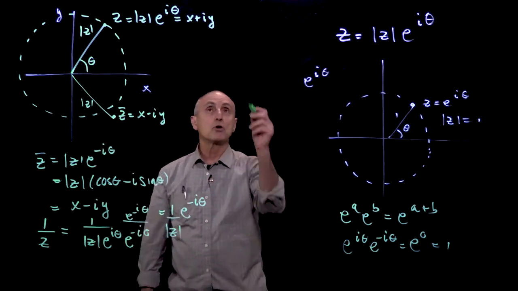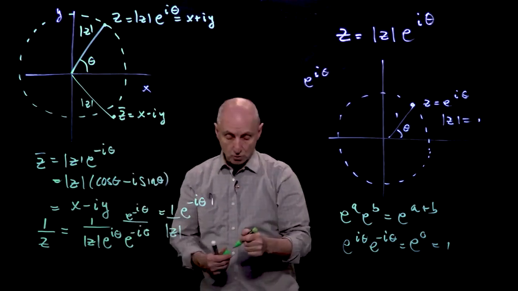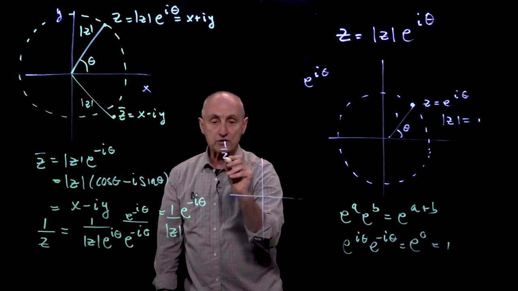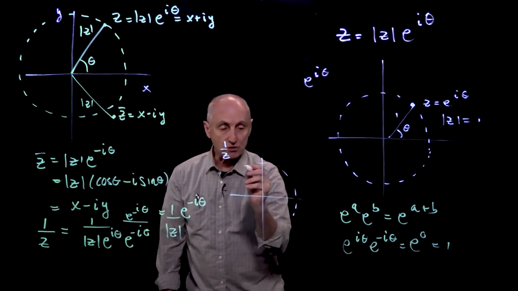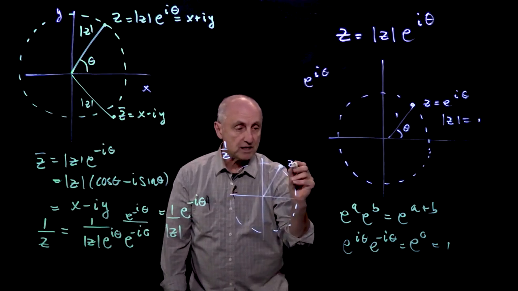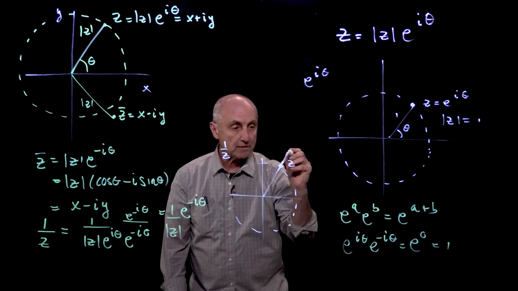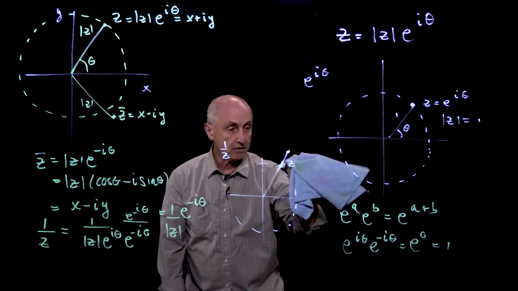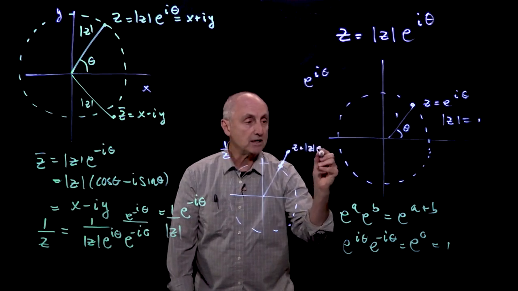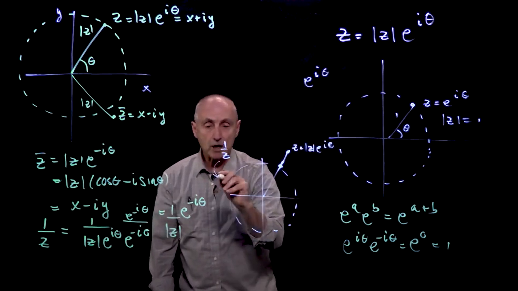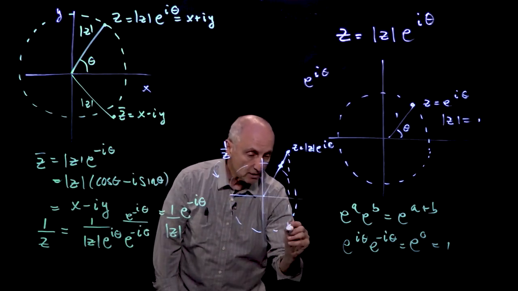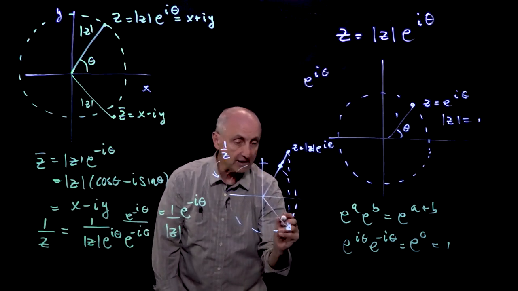but notice that the radius of the circle has changed. So if I wanted to, again, do one more representation of 1 over z, I would take a circle. If this was our z, let's not put it on that circle, because there's a reason for that. Here, z is equal to the modulus of z times e to the i theta. Then if we want to represent 1 over z, we go to the negative angle.